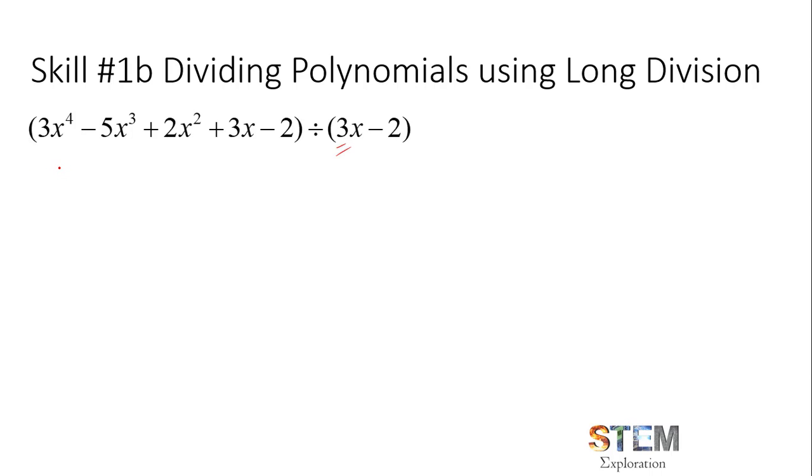So I want to show you this as an example because this is a little bit more technical of a situation. And if we go and we write all of this out, and we go 3x to the 4th power minus 5x cubed plus 2x squared plus 3x minus 2.